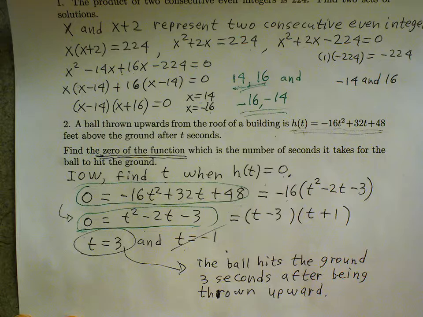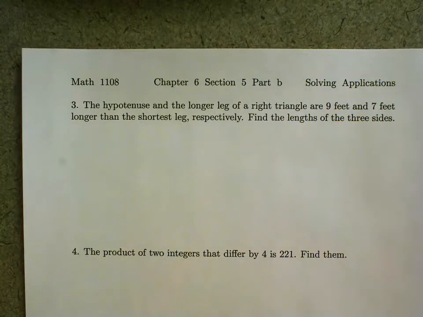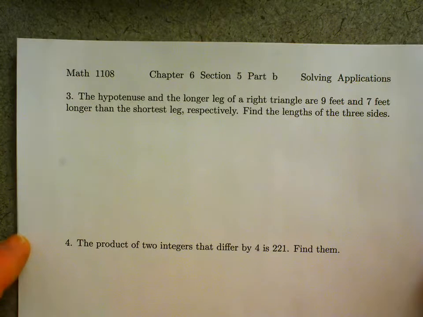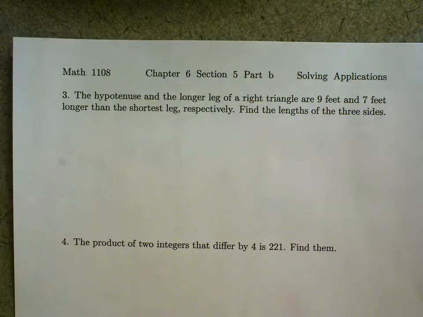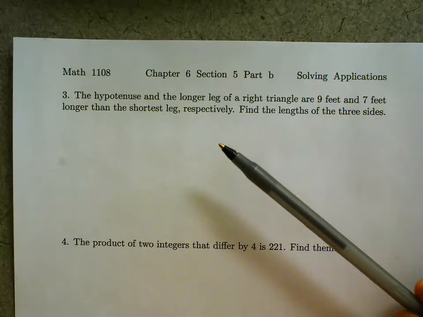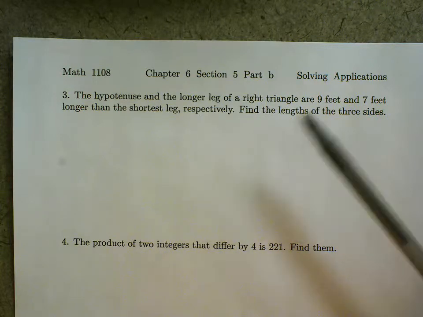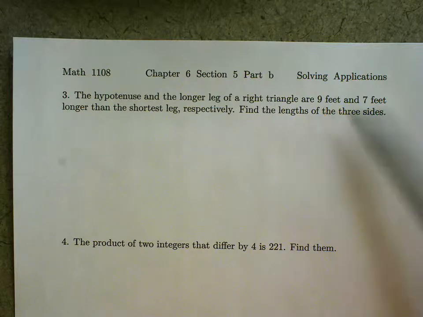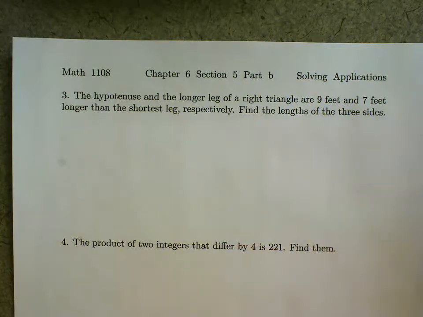Okay, let's move on to the next problem on the next page. This one, the hypotenuse and the longer leg of a right triangle are 9 feet and 7 feet longer than the shortest leg, respectively.